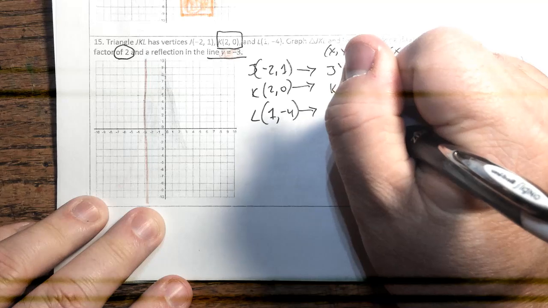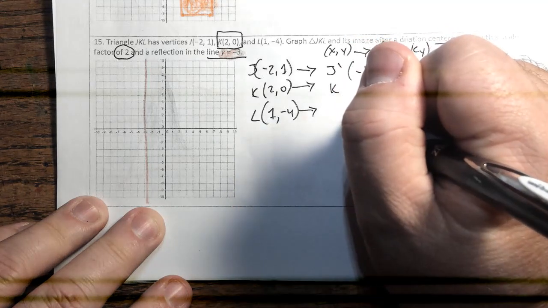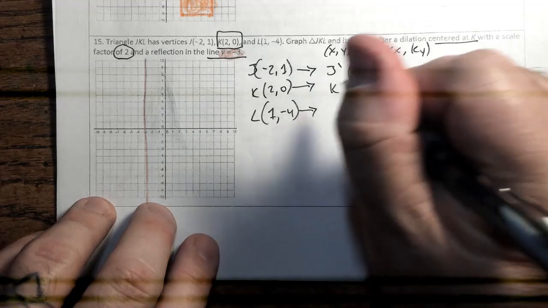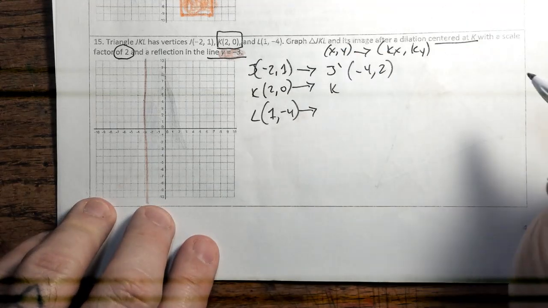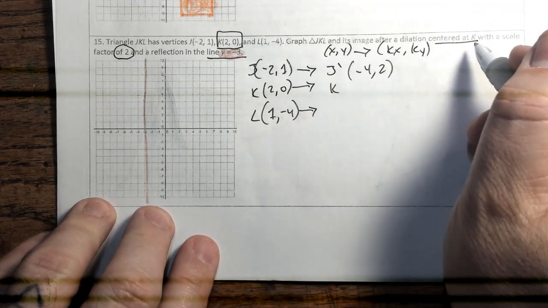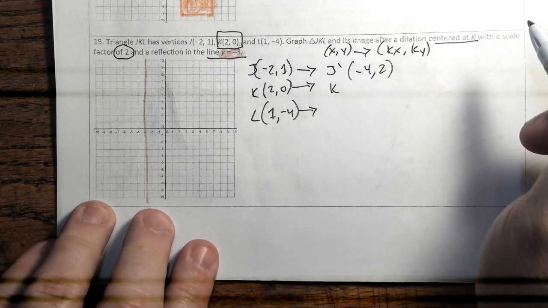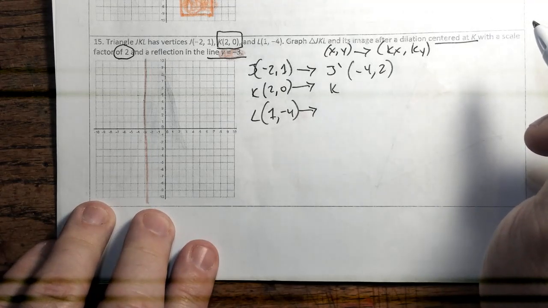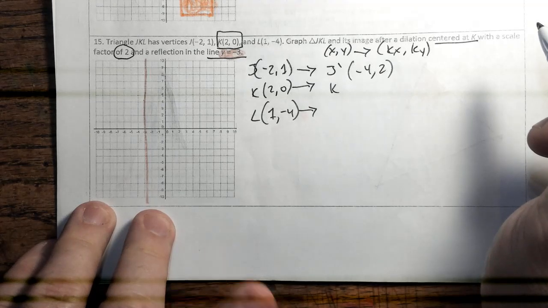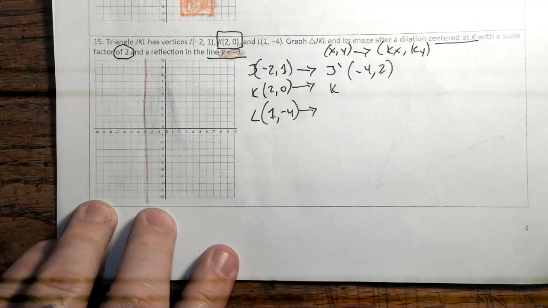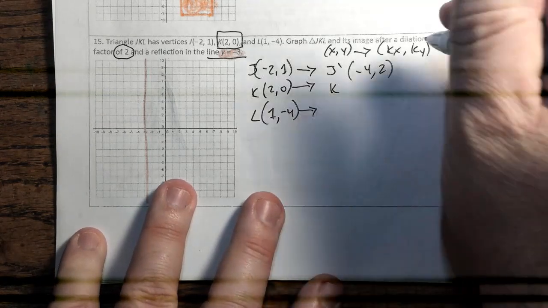K prime, let me see. Oh yeah, so it's centered. No, wait a minute. Got ahead of myself. Shoot. Let's see. Well, all right. So yeah, it won't be this.